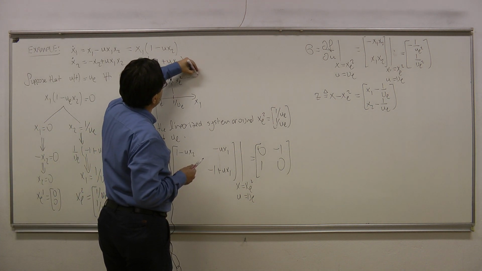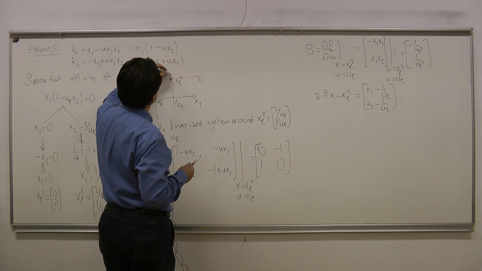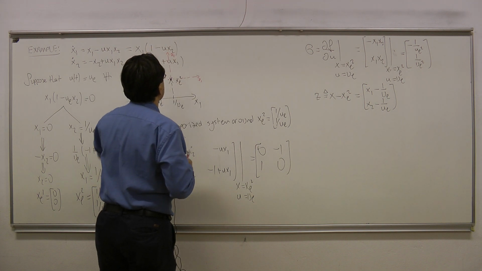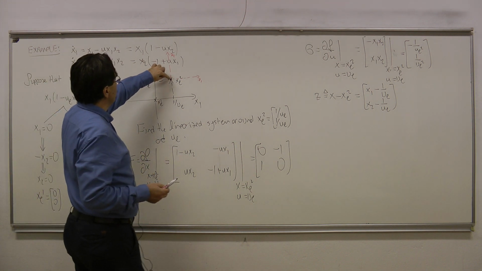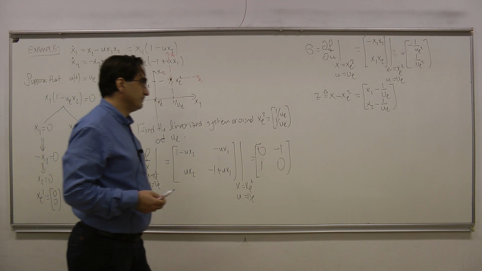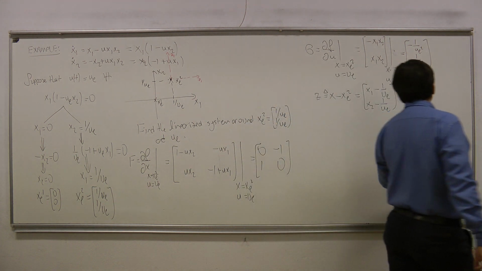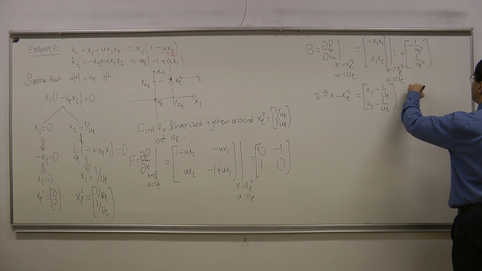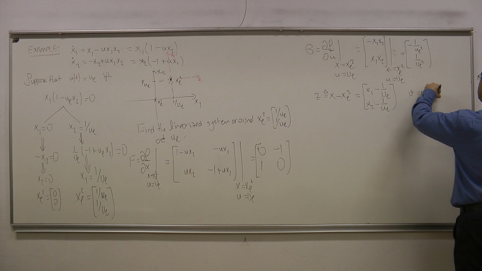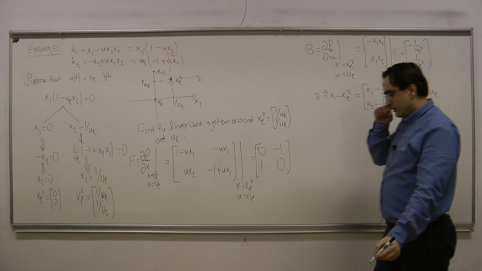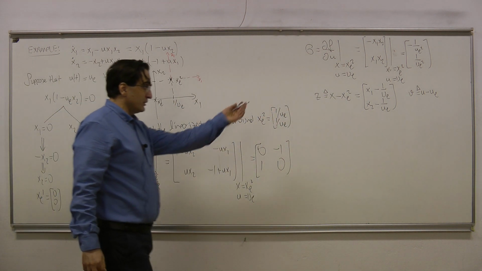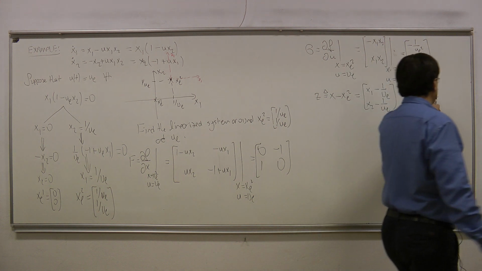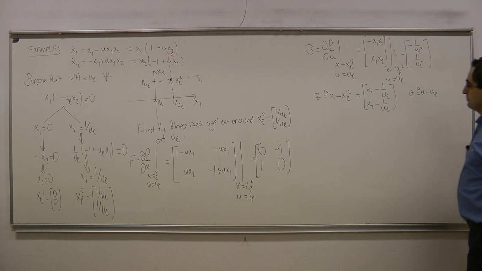So my new state coordinates, Z1 is going to be here, and Z2 is going to be here. And the origin of the Z space is going to be xe2. The new input is going to be defined as follows. V equals U minus UE, and I cannot make any other modification to this. So we choose the origin of the new input space V as the equilibrium input here.